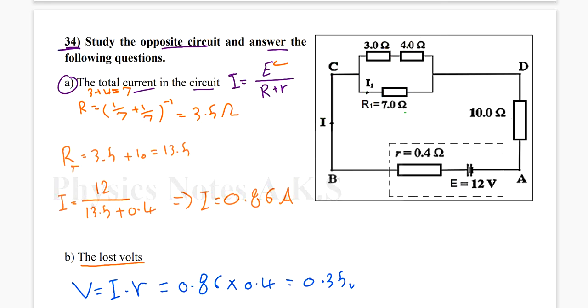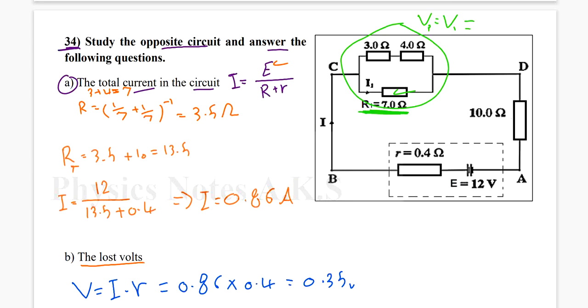They want the current and voltage in this one, in the 7 ohm. We can find the voltage in the parallel combination. The voltage in the parallel is going to be the same voltage in R1 in here. I'll call it V1. So let's find the voltage in the parallel.